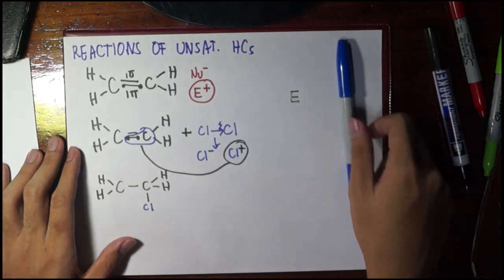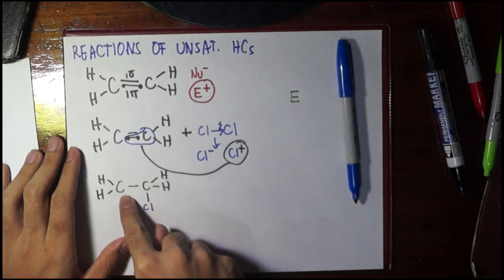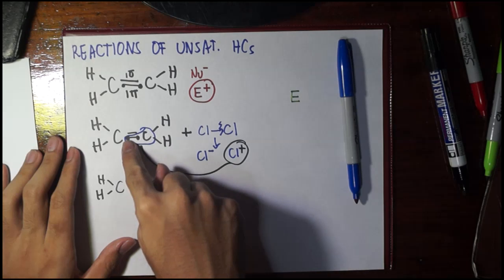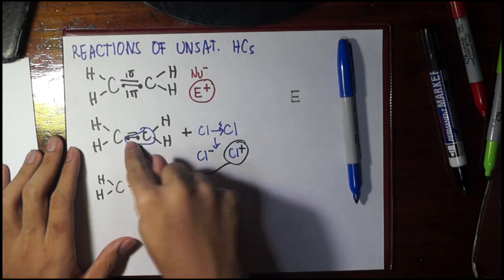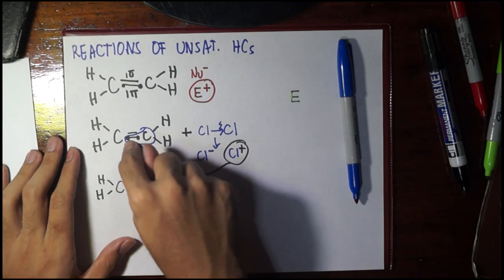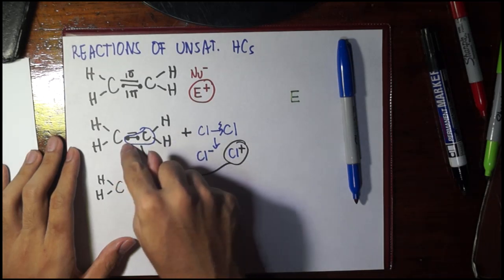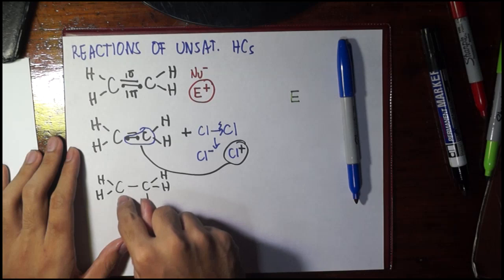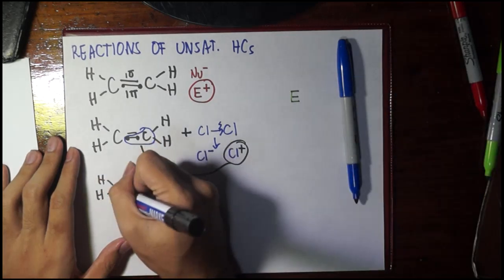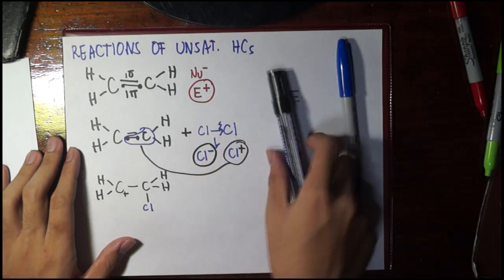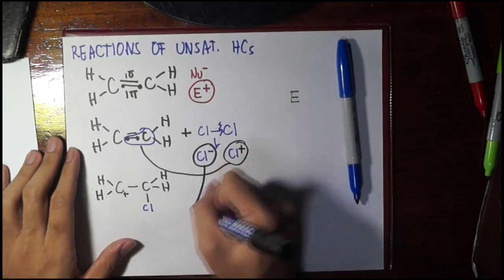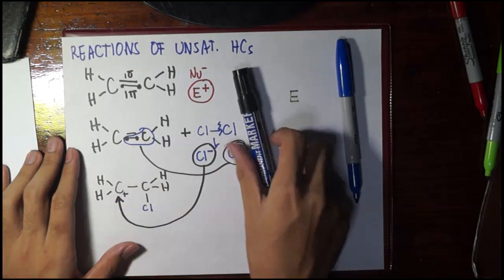Now what happens? Look here, this carbon has its electron. This is supposed to be its electron, right? The electron of this carbon was used, so it lacks an electron now, so it should be positively charged. And since we have here a negatively charged chlorine, this is the second one to react with this carbon.